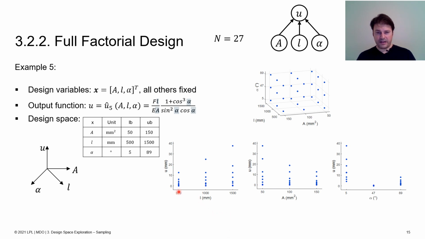So you can tell that upon increasing the reference length L, the largest range of displacements will be possible. If you make L small, so you restrict it to 500 millimeters, you can tell that apparently no displacement above about 12 millimeters is possible, regardless of what you do to your cross-sectional area and your angle alpha.